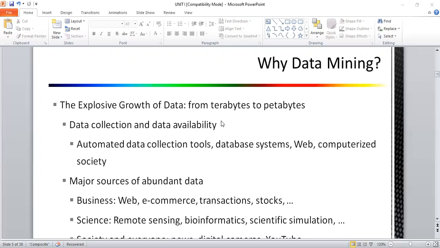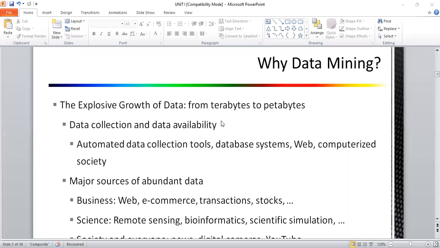Because that necessity was there to have some technique to study and analyze that data, that becomes the mother of invention. And as an invention, data mining came into existence, which basically is like we are extracting some knowledge by mining into a huge amount of data. So that's why data mining came into existence. That is the main reason.